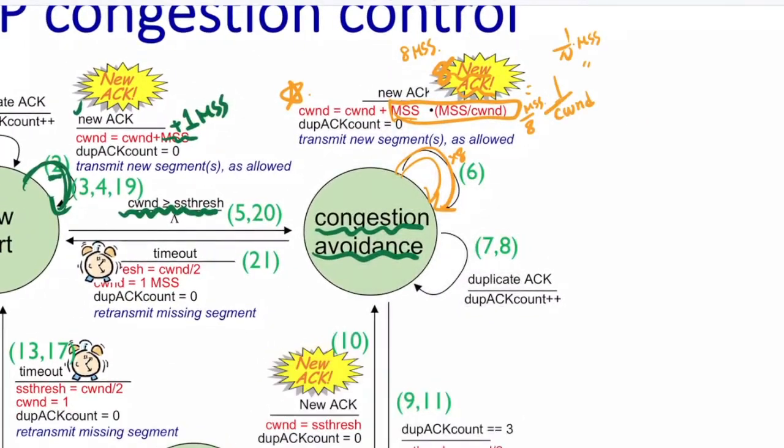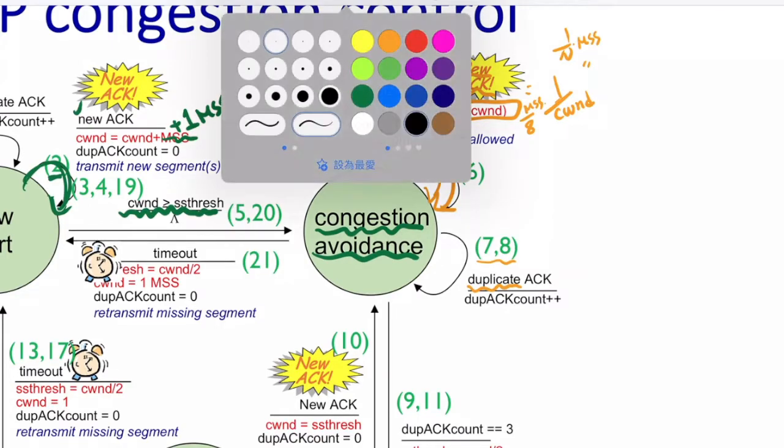And the next ones are number 7 and number 8. Sometimes when you send packets out, you send a pipeline, right? Acknowledgements come back, but sometimes you receive duplicate ACKs.